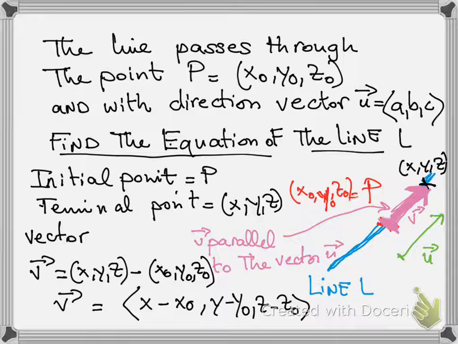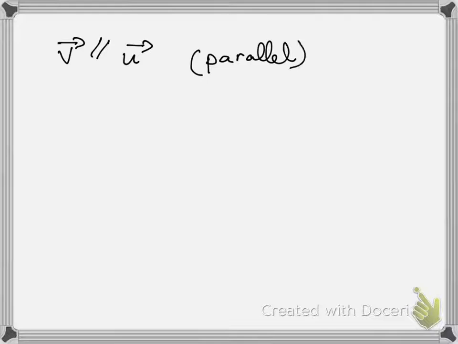Now, you know that the vector V is parallel to the vector u. Remember, guys, we said two vectors are parallel if one vector is a multiple of the other. So V is equal to some number, let's call this number t, times the vector u.